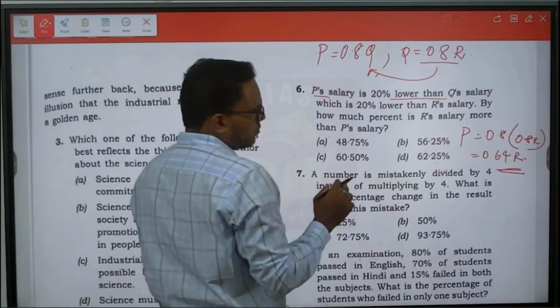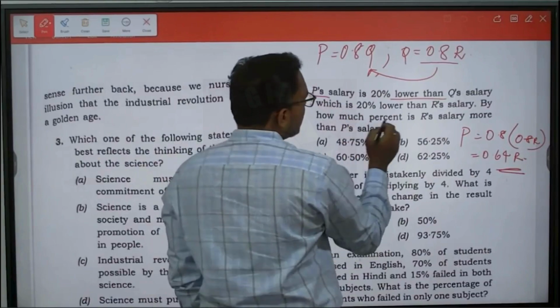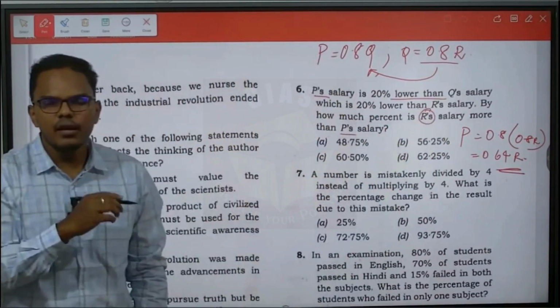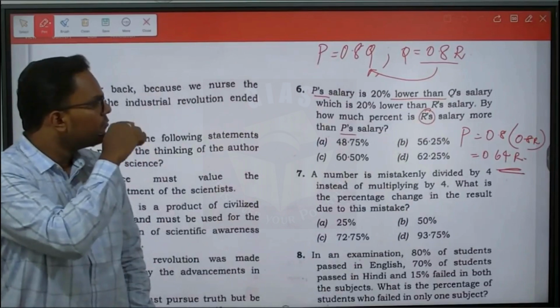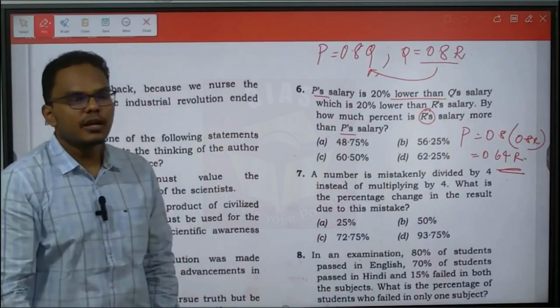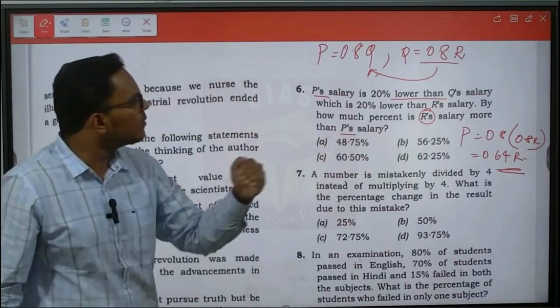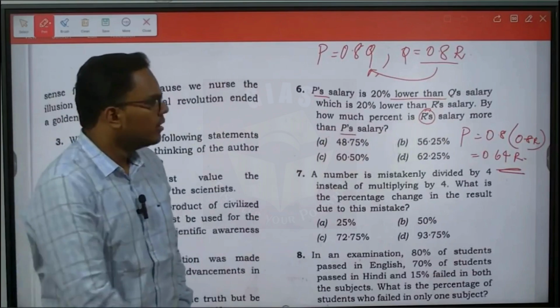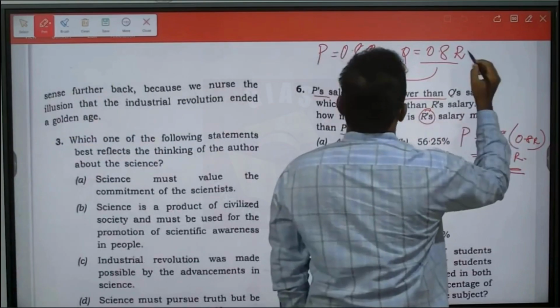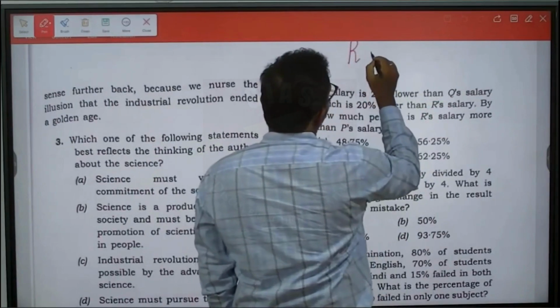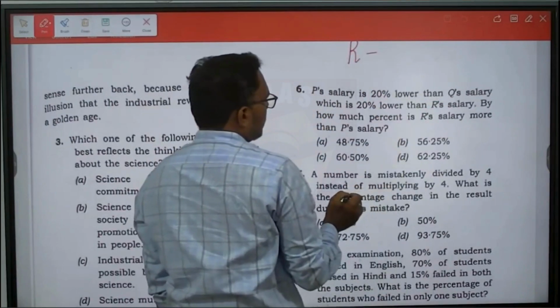Okay. Now the point is, by how much percent is R's salary more than P's salary? Which means you have to take P's salary as the reference point and not R, because it is more than P's salary. So with respect to P, you have to calculate how much R's salary is more. Your salary of R is R, and it is more.